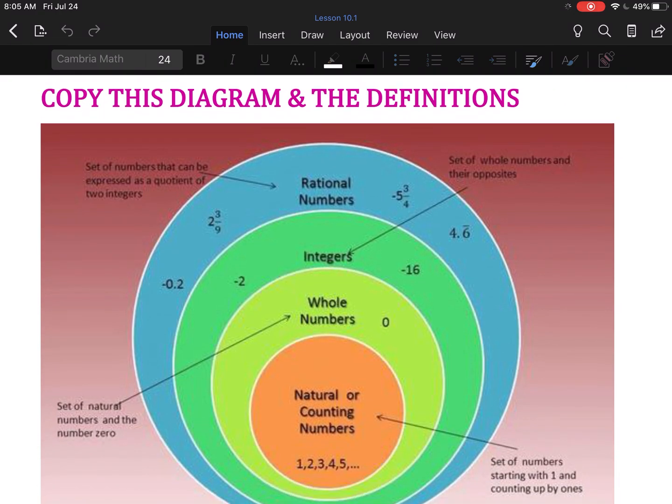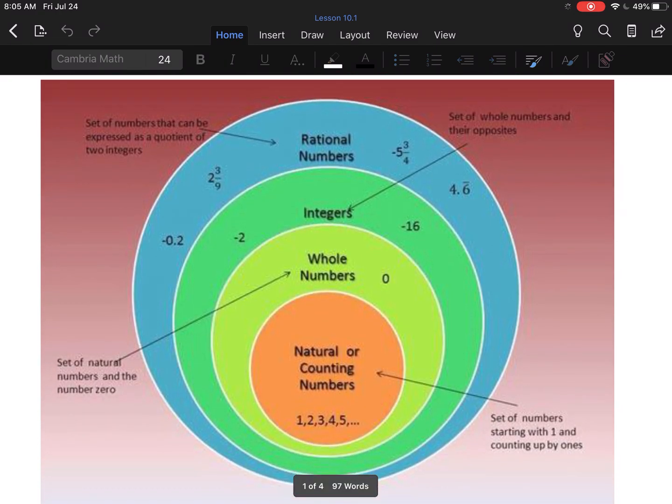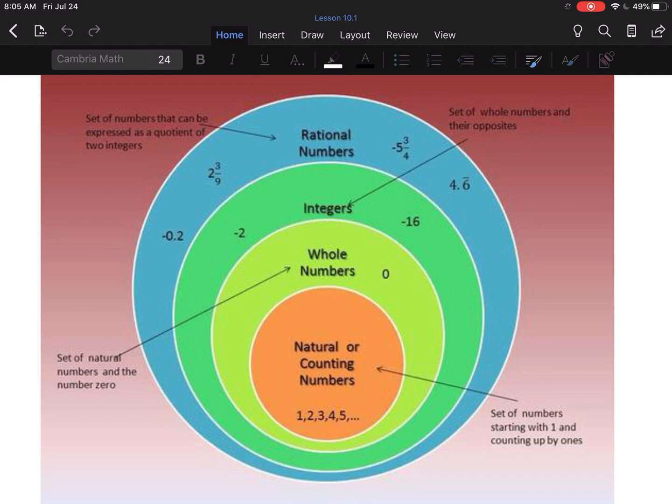There are a bunch of types of numbers, classifications, and they kind of nest together. So for us this year, everything is rational. Yes, there are numbers that are irrational, and we will deal with those next year in pre-algebra.